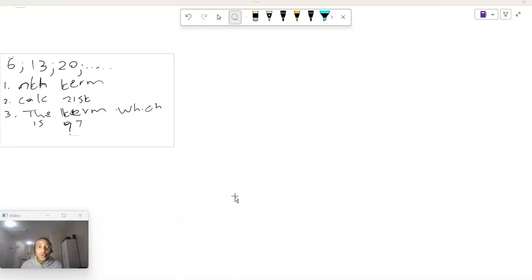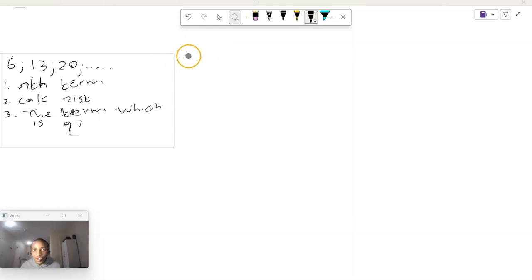We do have a general equation for this arithmetic sequence, which we will use to find every value asked in the question.